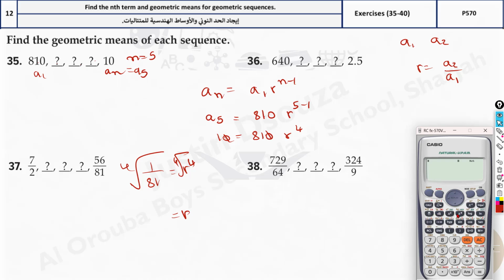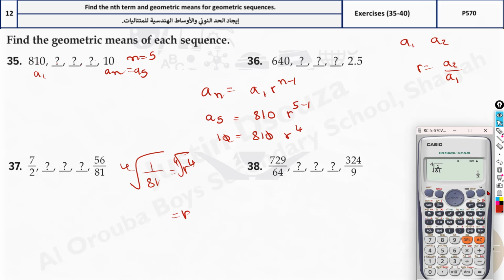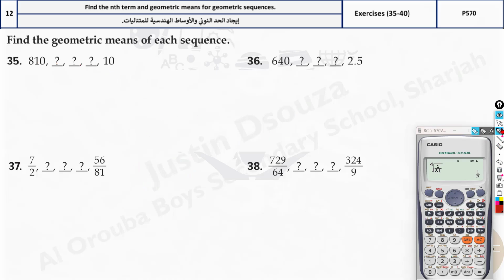So we shift and this symbol, use your radical, it's 4, and press next, it's 1 divided by 81. 3 to the power 4 is 81, so it should be 1 by 3 itself. So that's the answer. Oh, now that is just r. Wait a minute, we will do the answer now. We came to know r over here is 1 by 3, so that means you have to multiply 810 by 1/3 to get the next term.